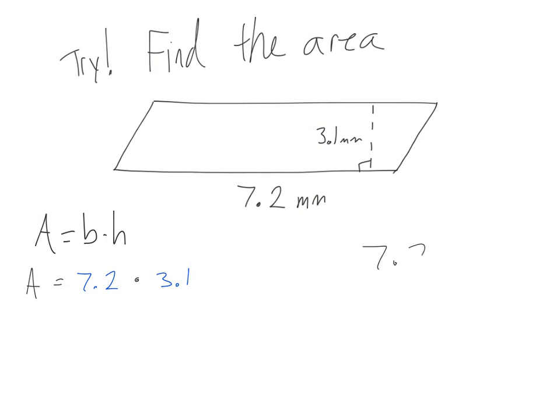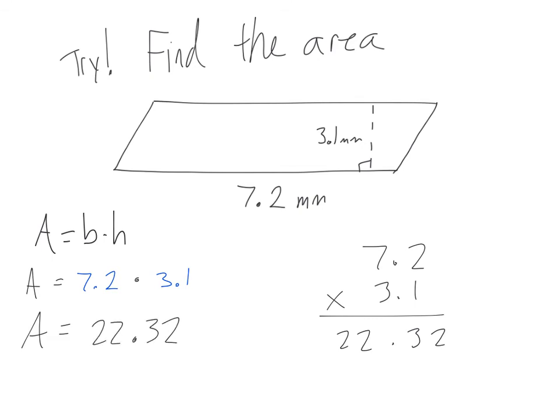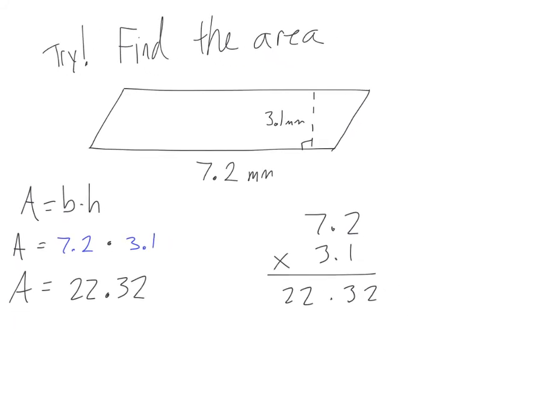When you do 7.2 times 3.1, you guys know how to multiply, you get 22.32. And so our answer is A equals, for area, 22.32. And what's our label? Well, remember, labels are actually kind of interesting because if I give you the expression m times m, you would say that's m squared, right?